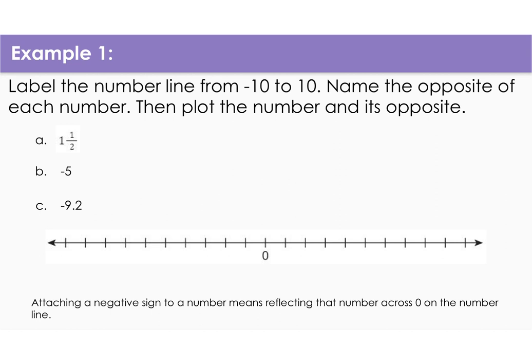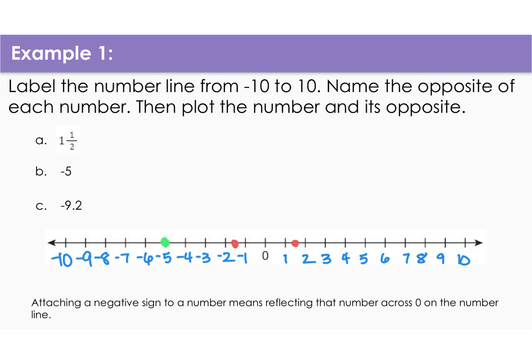So 1.5 is going to be halfway between 1 and 2. And if I do the opposite, it is exactly that distance from 0 on the other side. So -5. So I'm going to go to -5.